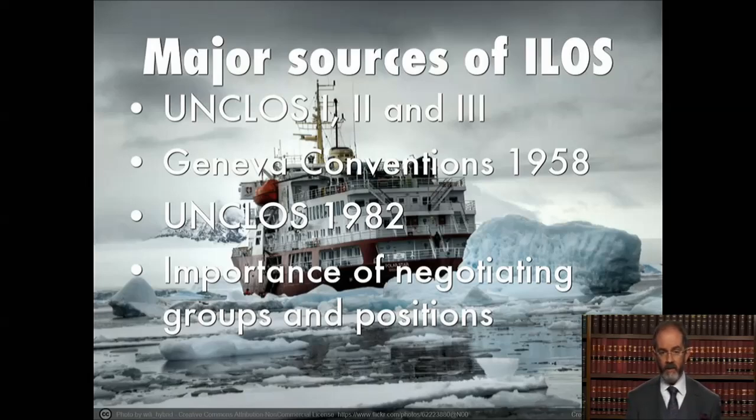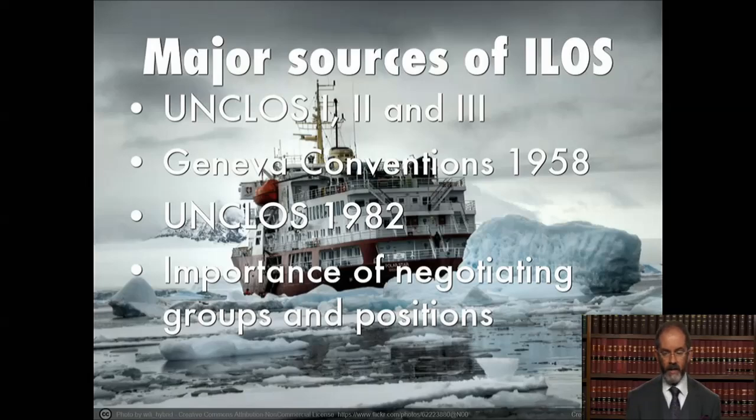Then at the end of that negotiation, the text is adopted and states choose whether to sign the convention as a whole or not at that final point. So that method of negotiation is reasonably familiar and reasonably parliamentary.